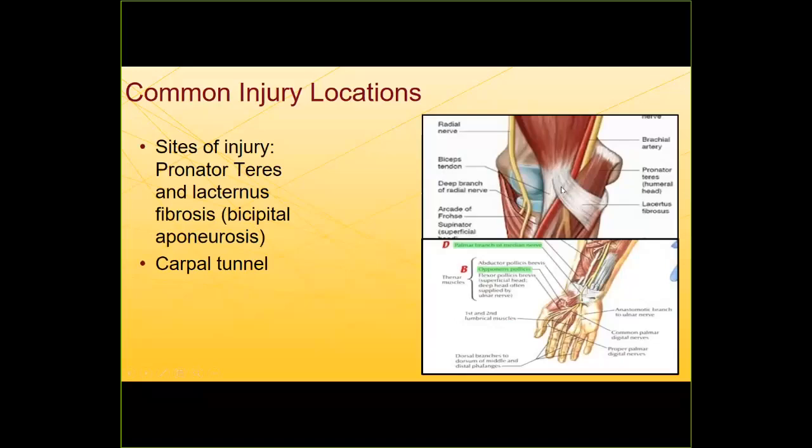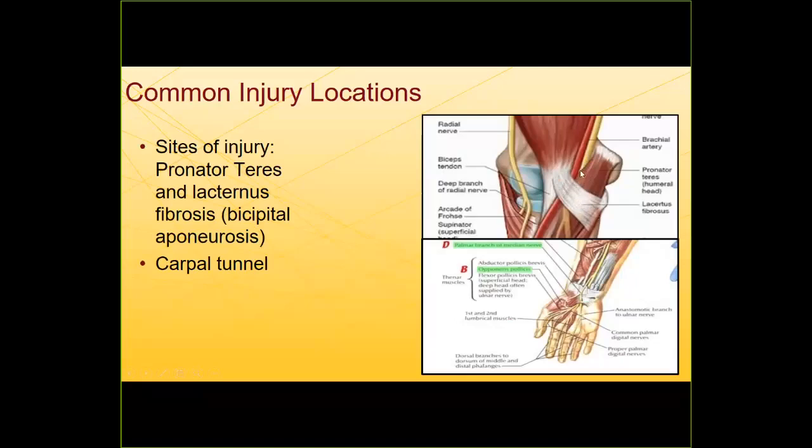okay, so it's basically connective tissue. It's also referred to as the lacertus fibrosus. Those two terms are used interchangeably, okay? But that's what this is right here. And it wraps around the pronator teres, right? So as it comes through this area right here, the median nerve actually can be irritated, right here, and right here on this border of the pronator.